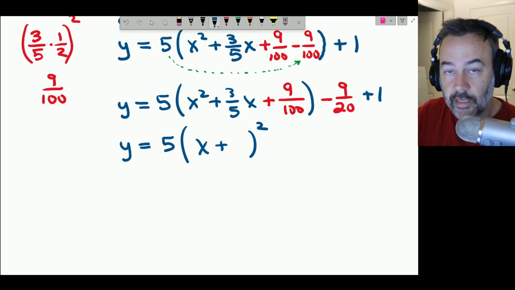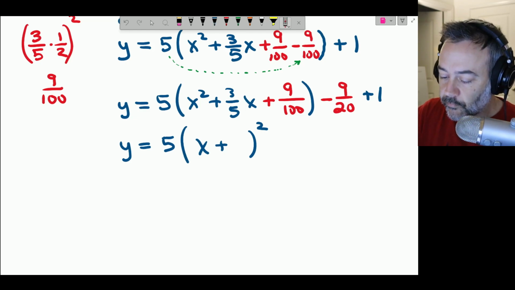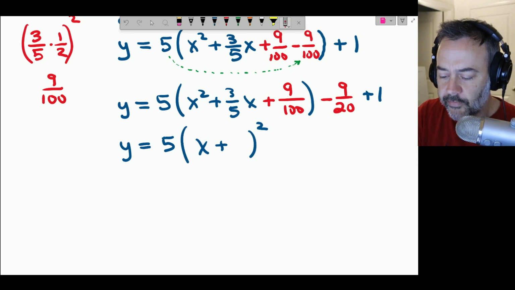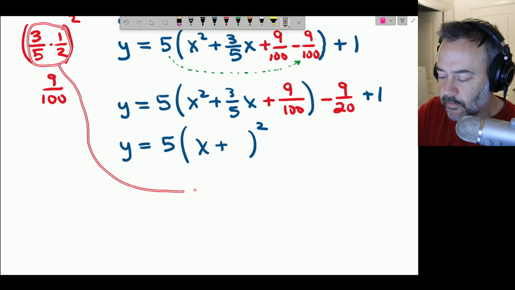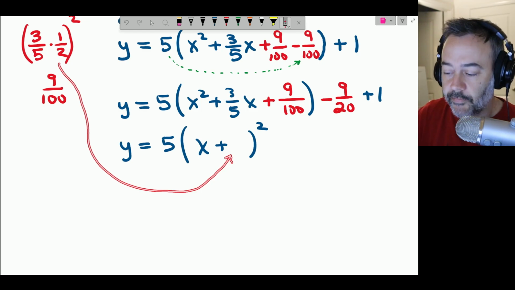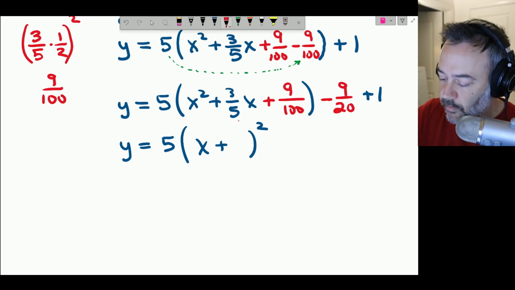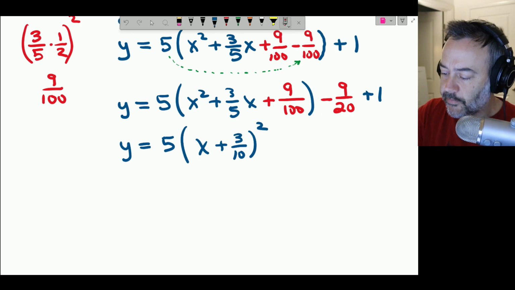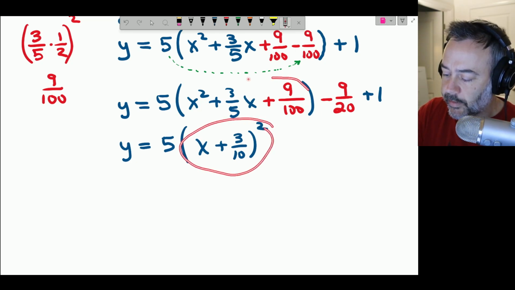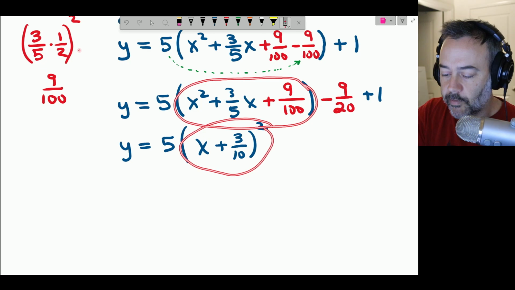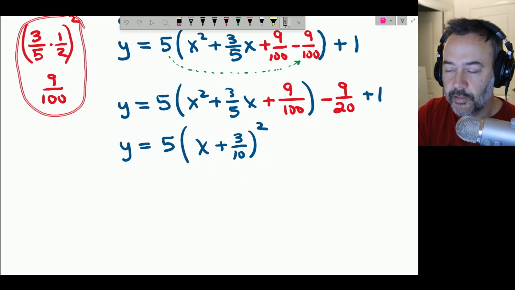It's 3 over 10. And you'll also find that whatever you calculated inside the parentheses up here is always what goes here. It'll work out every time. So this will be 3/10. And you can check that if you square this out, it will be this. And that's why this trick always works.